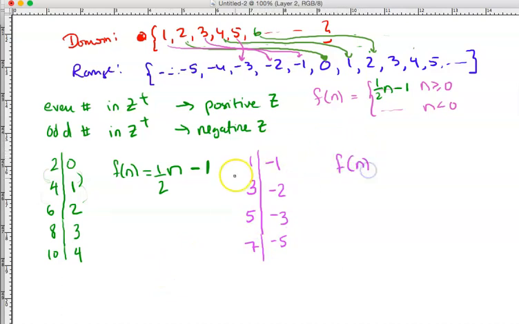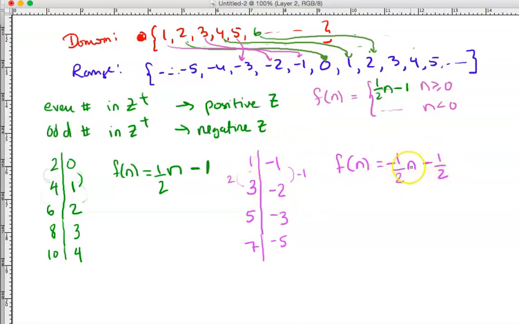It's linear, because as I'm increasing this by 2, this is going down by 1. So the slope is going to be -1/2 n. And let's see if we need to add or subtract anything. If I input 1, then I should get -1. I think I need a -1/2 in here. If I input a 1, I get -1/2 plus -1/2, which is -1.